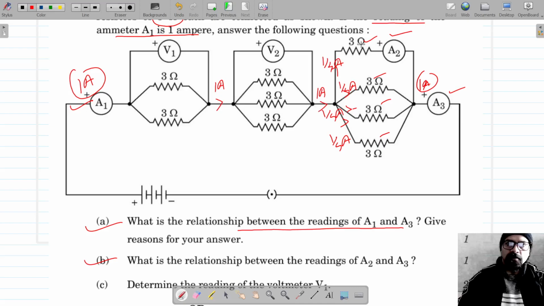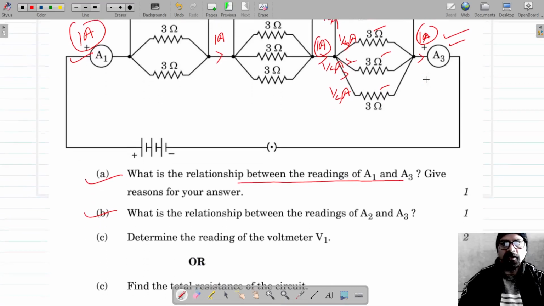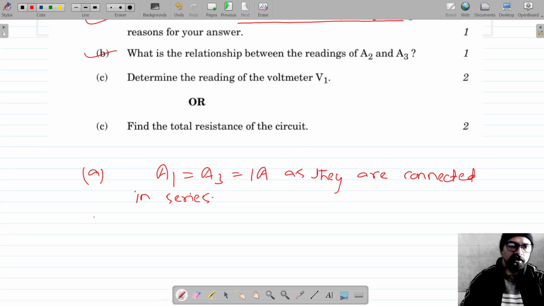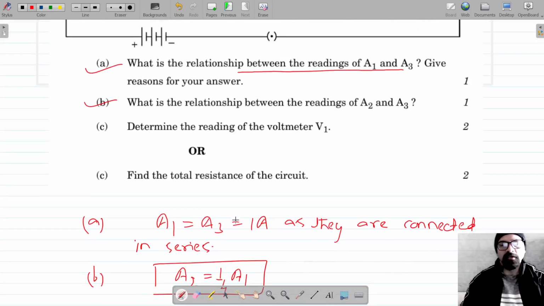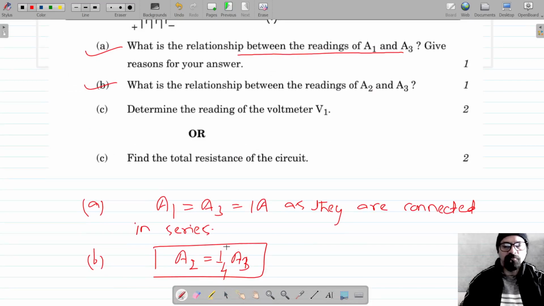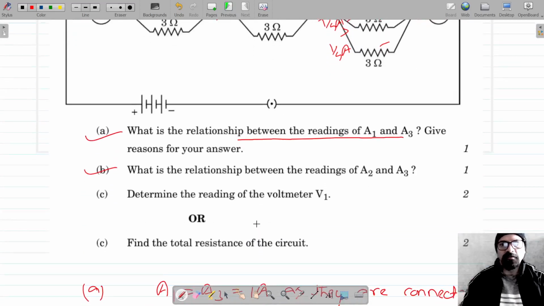The total current going in was 1 ampere, and it is distributed equally, so A2 will give us the reading of 1/4 ampere. And here the 1/4, 1/4, 1/4 will combine, and it will come out to be 1 ampere here. So A2 will have 1/4 the reading of A3.